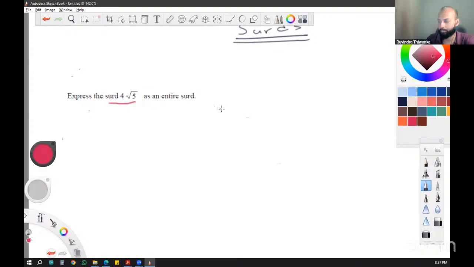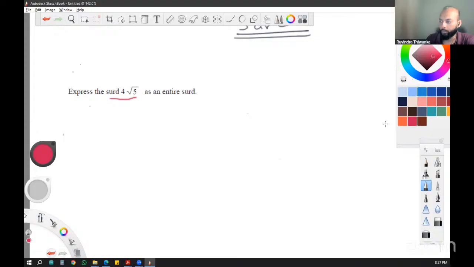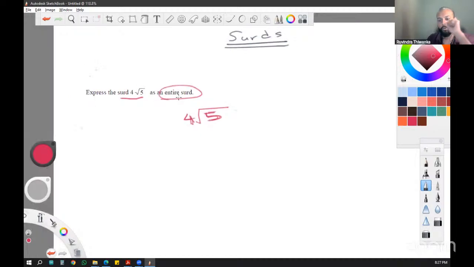We did this before. How do we do this? So first take the surd like this. We have 4, we have square root 5. They are asking to make this an entire surd. I'll give you 1 minute. Try to do this quickly.